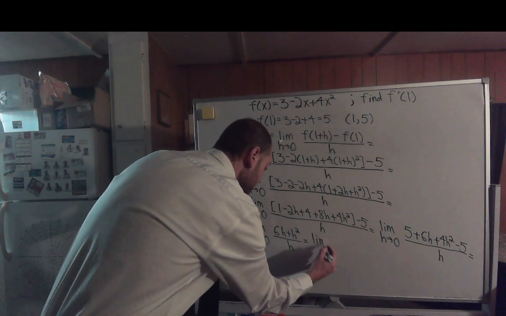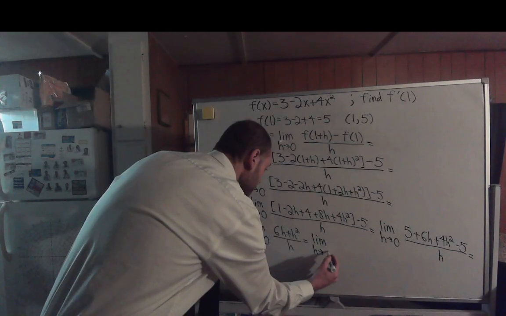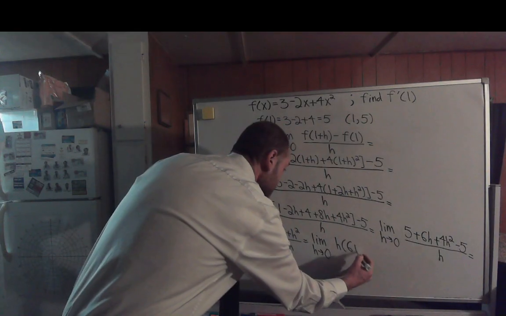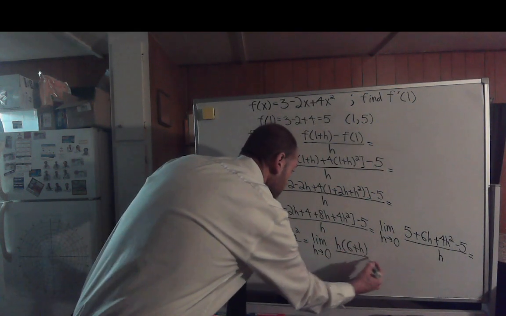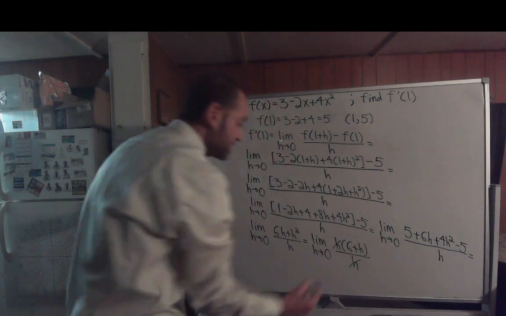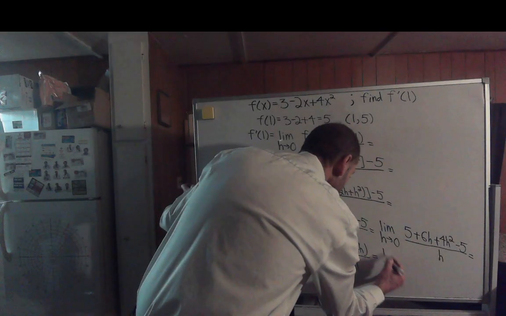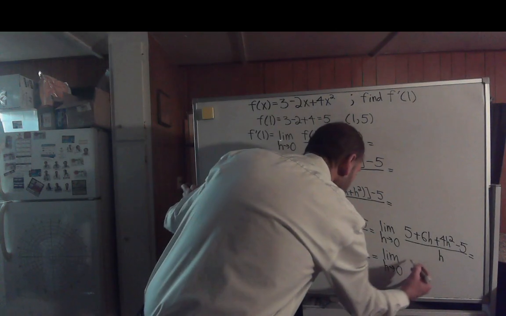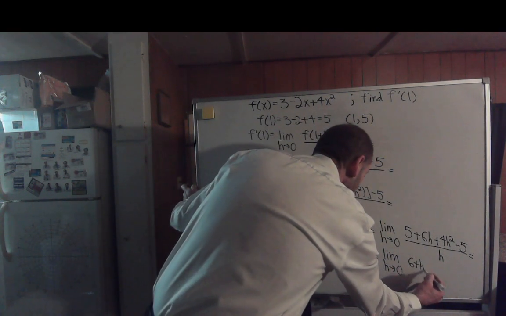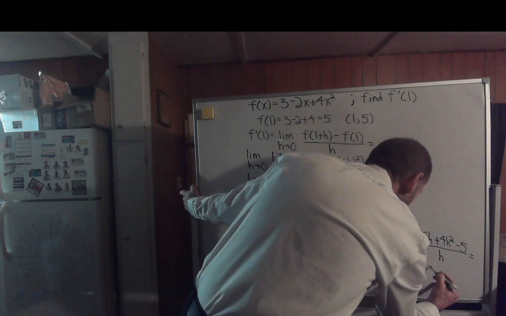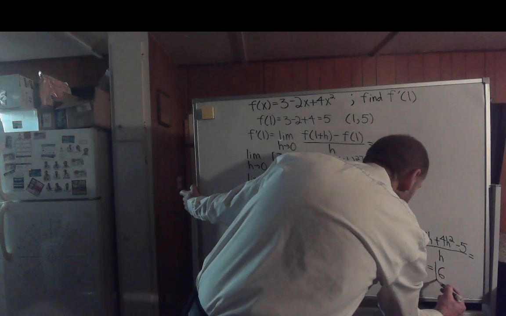This would be the limit as h approaches 0 of h times 6 plus h all over h. And now you can cancel out an h between the numerator and denominator. This becomes the limit as h approaches 0 of 6 plus h. You can do direct substitution for h, and you'll end up getting 6.